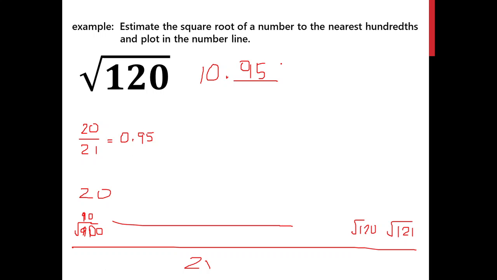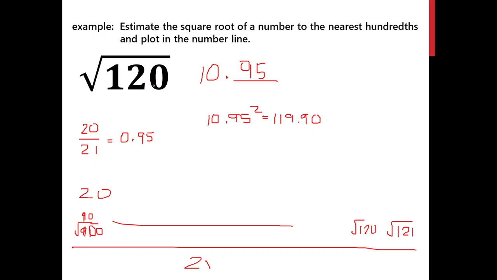Try to get the square of this one, 10.95 squared. Now let's try. 10.95 squared will give us 119.90. There. That's closer to 120.